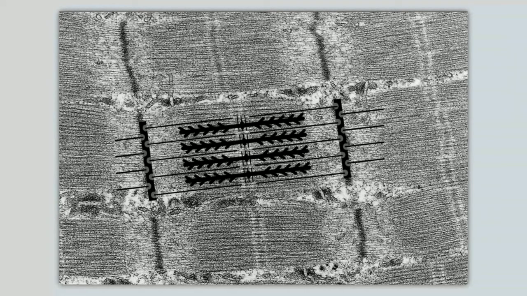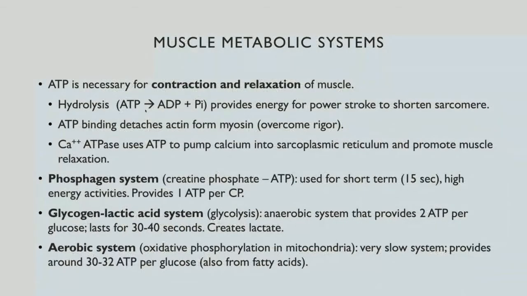So let's take a look at the most important metabolic systems that exist in the muscle. There are different metabolic systems, and all of them are going to produce something called ATP, which is extremely important for different processes in the muscle. Remember, just to maintain the resting membrane potential, we need ATP, because ATP is necessary to maintain the concentration of potassium inside the cells, different from the concentration of potassium and sodium outside the cells.